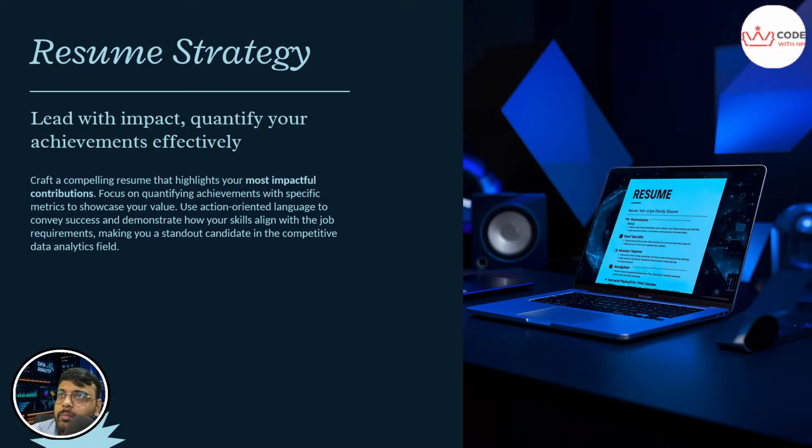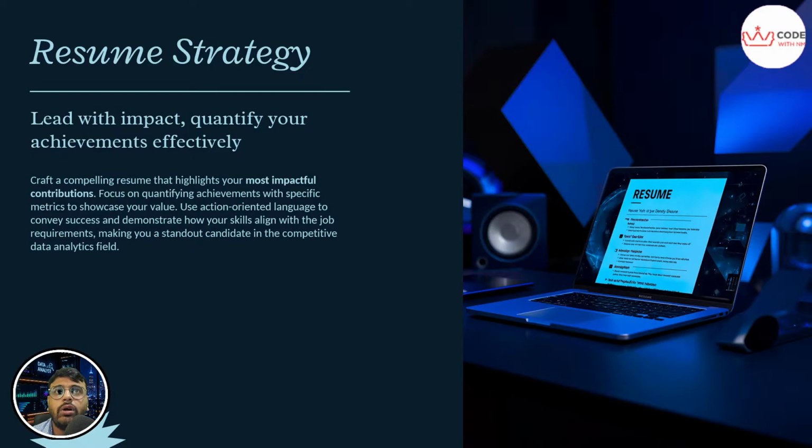Craft a compelling resume that leads with impact and highlights your most impactful contributions. And it's all about portfolio building. I don't want to go through all the complex words I have written in the slide. Simply focus on your projects and achievements, and mention them in a quantifying way. I've already explained what a quantifying way is.